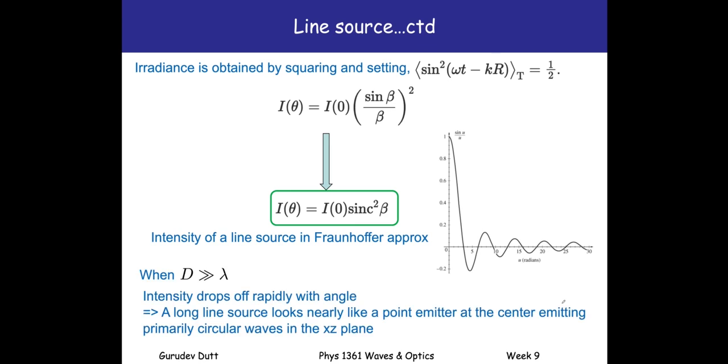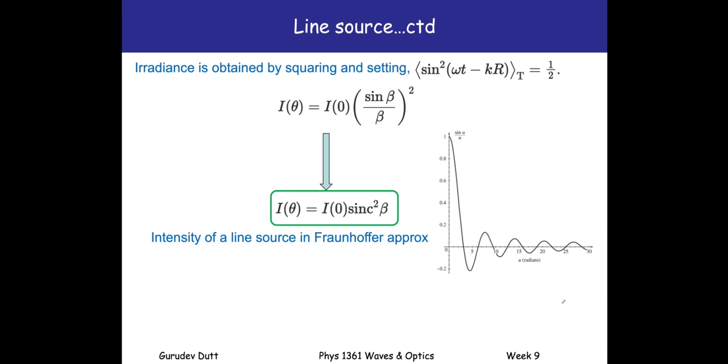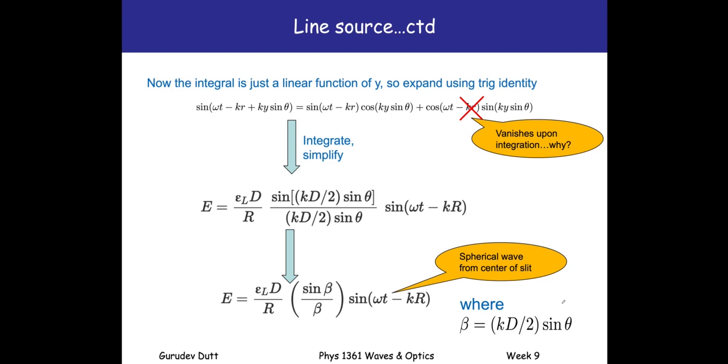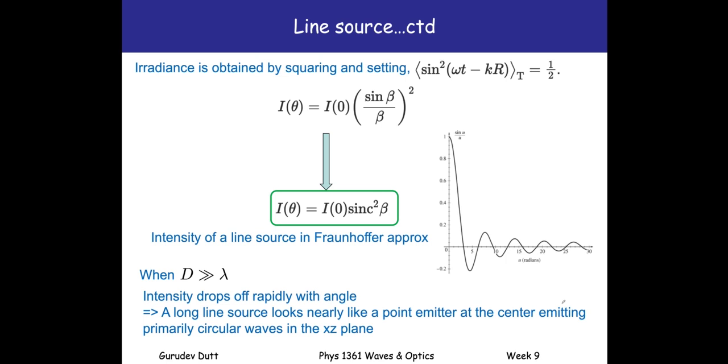So we can look at one simple limit. When d is far greater than lambda, then beta is going to be very large, so the intensity drops off rapidly with angle. Even small changes in angle cause the intensity to vary rapidly.